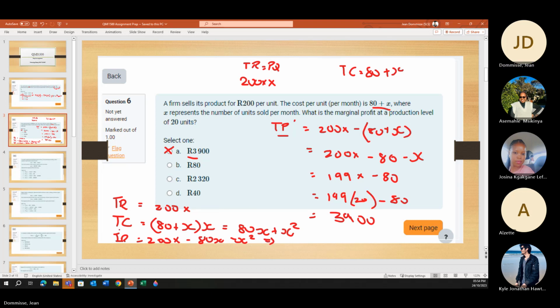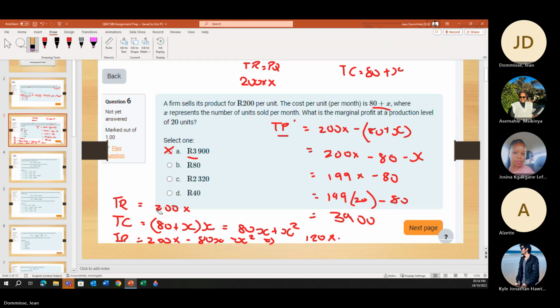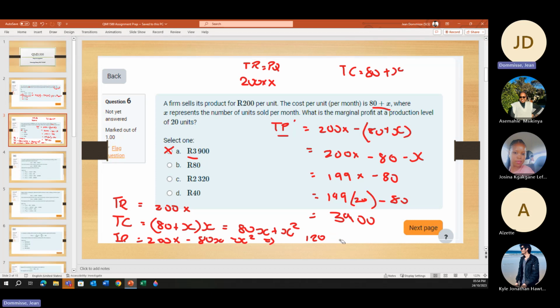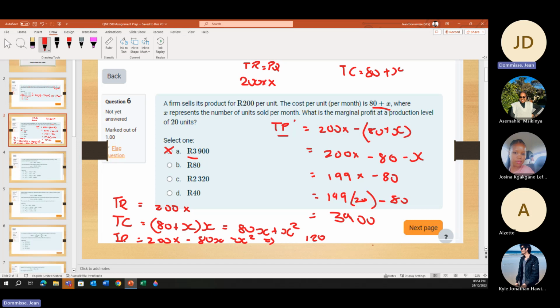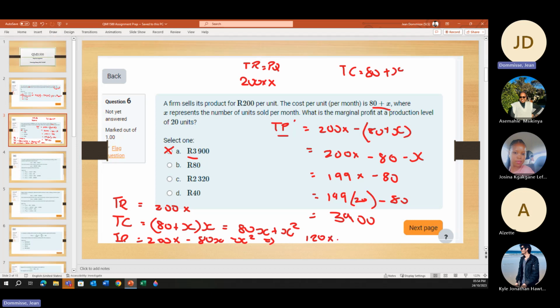Then let's take the first of that, 120x. Sorry. So 200x minus 80, yeah, it is 120x. Let's just first do it this way, minus x squared.